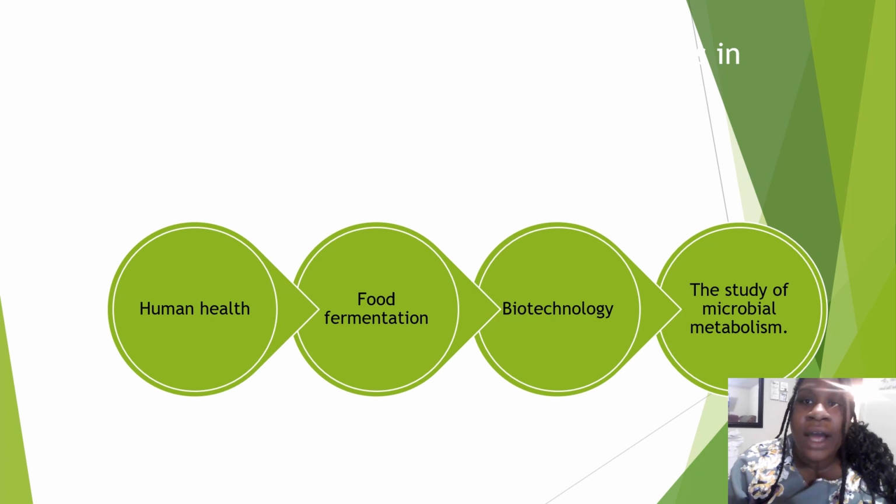While it's often associated with acne, it's also a normal part of the skin and can be beneficial in certain contexts. It helps maintain skin health by competing with harmful bacteria for resources and producing fatty acids that have antimicrobial properties. It's also good for food fermentation, which I will get into on the next slide.